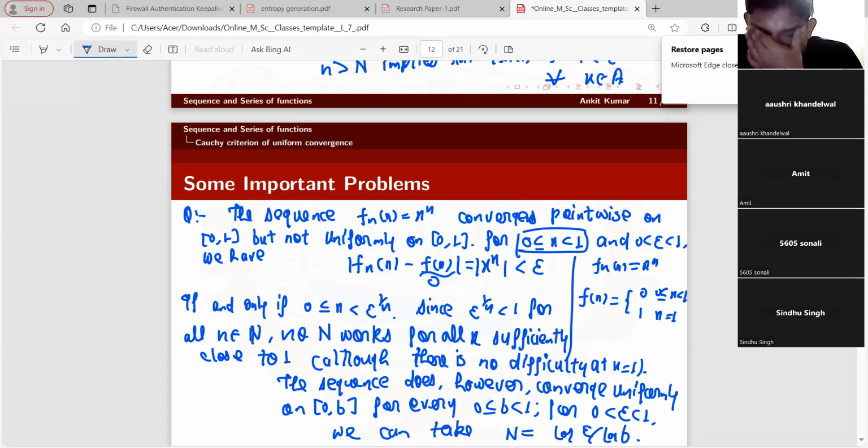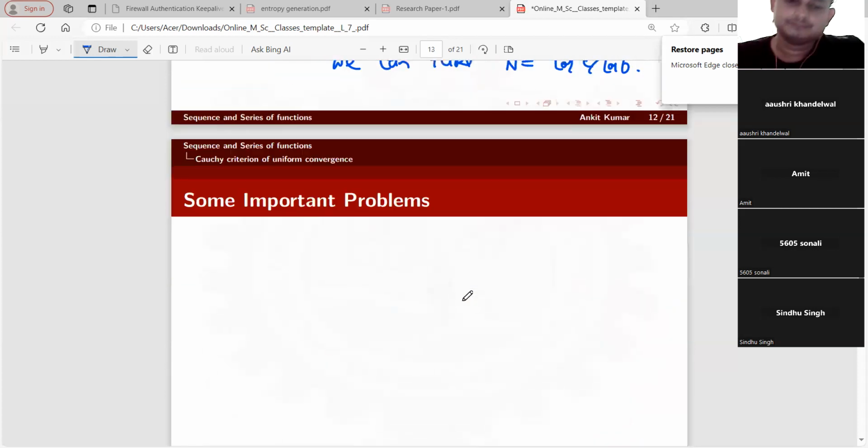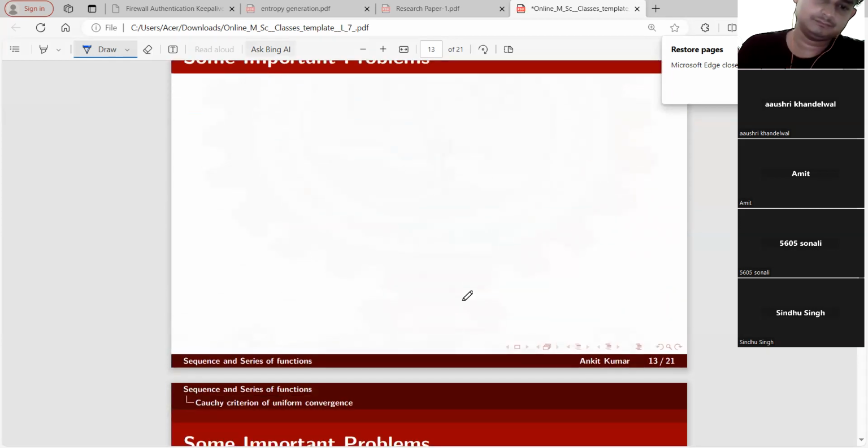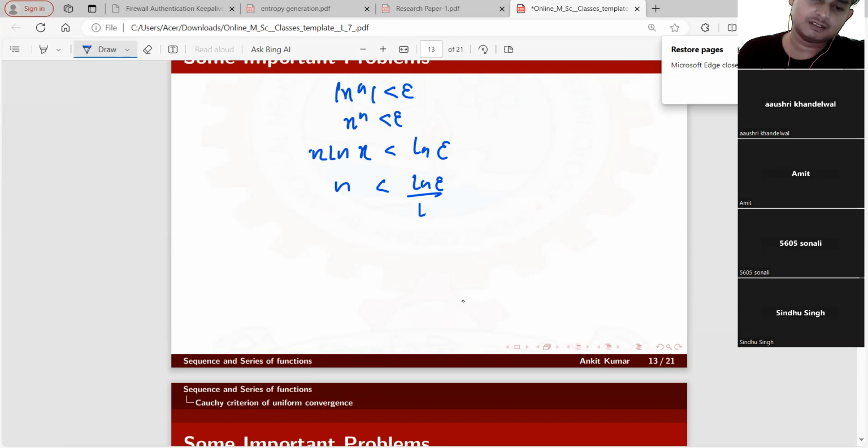So if mod of x to the power n is less than epsilon, then x to the power n is less than epsilon, and taking the log, n ln x is less than ln epsilon, so n is greater than ln epsilon upon ln x.